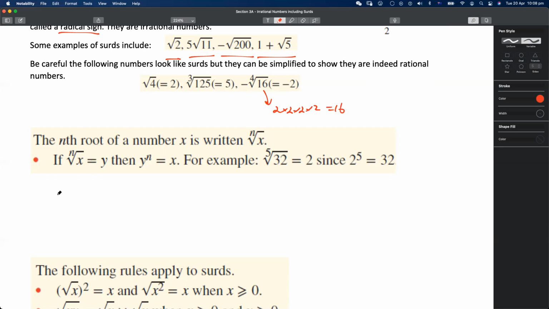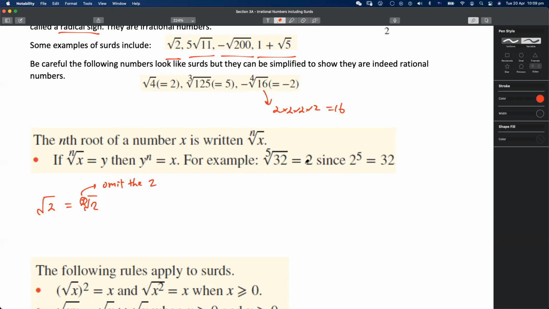All right, the nth root of a number x is written as the nth root of x. So when you have a root, let's say √2, it could also be written with a small 2 as the index, but if you're just talking about square root, we usually omit the 2. If the nth root of x is equal to y, then y to the power of n is equal to x.